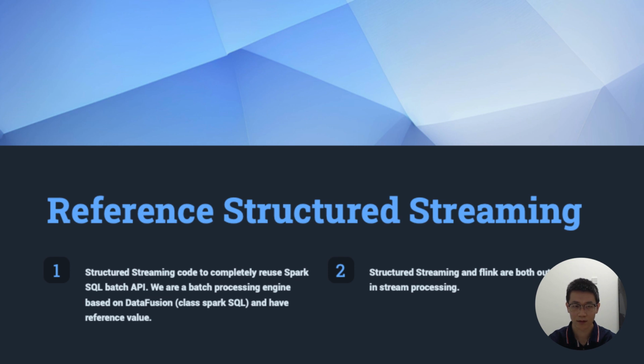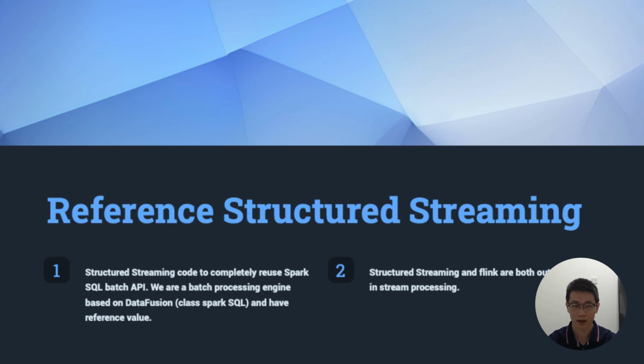So it's more relevant. In this section, we'll mainly discuss Structured Streaming. Why do we decide to build our stream processing engine based on it? Let's talk about its implementation.